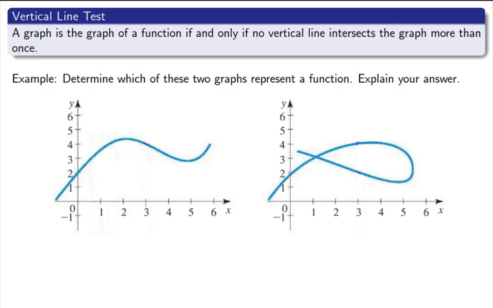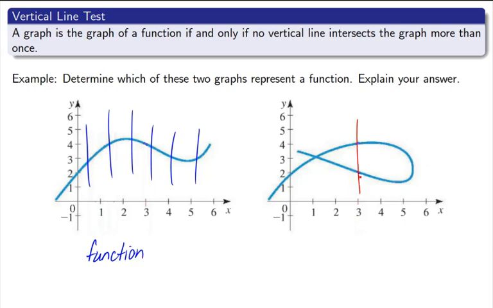Another way to say that is every vertical line intersects it exactly one time. And so as you can see, this first one is definitely a function, because every vertical line intersects the graph once. But in this example, this vertical line intersects the graph twice. So let's say not a function.